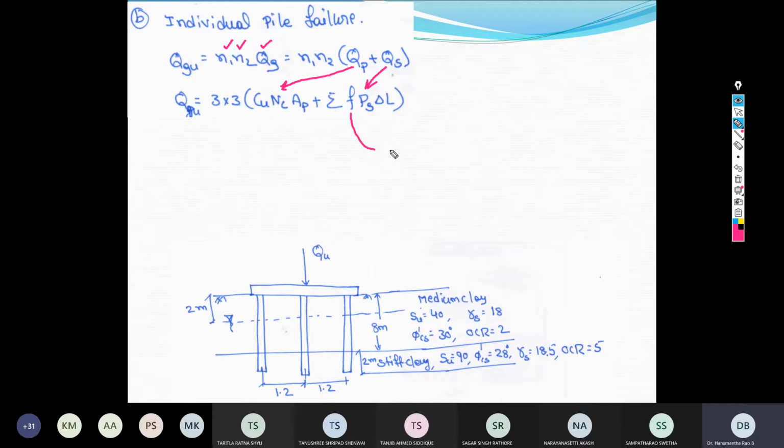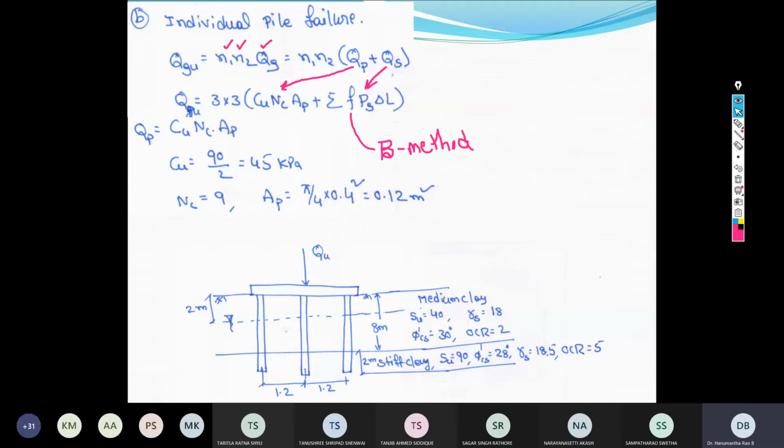Here, you can employ the beta method. PG is nothing but the perimeter and delta L is nothing but the thickness. Again, L1 is 8 meter, L2 is 2 meter.